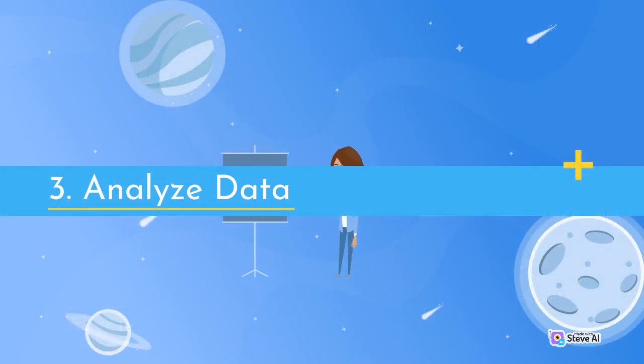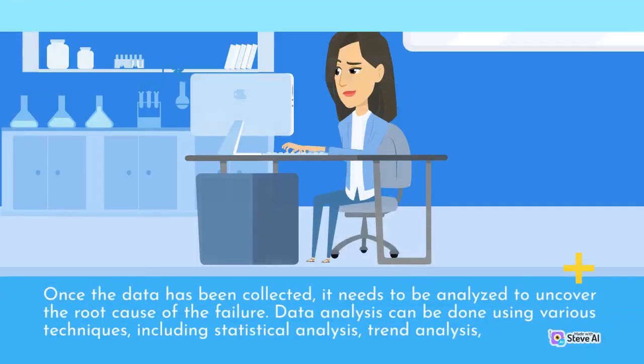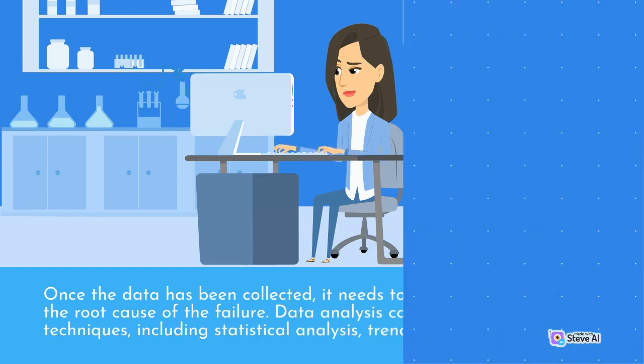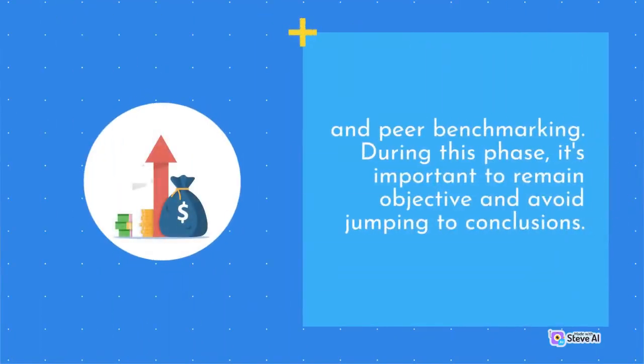Analyze data. Once the data has been collected, it needs to be analyzed to uncover the root cause of the failure. Data analysis can be done using various techniques, including statistical analysis, trend analysis, and peer benchmarking. During this phase, it's important to remain objective and avoid jumping to conclusions.